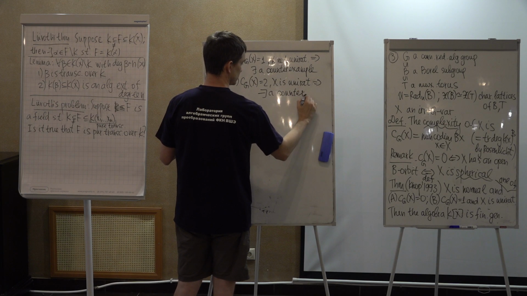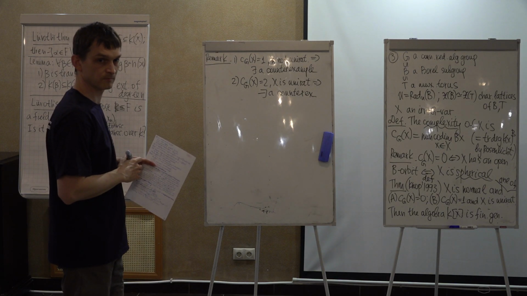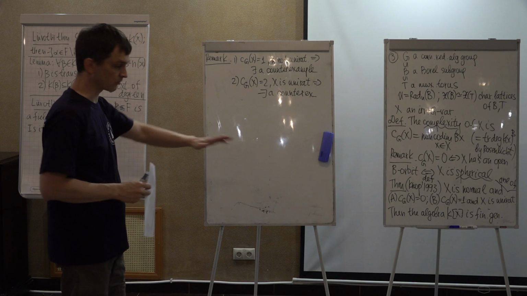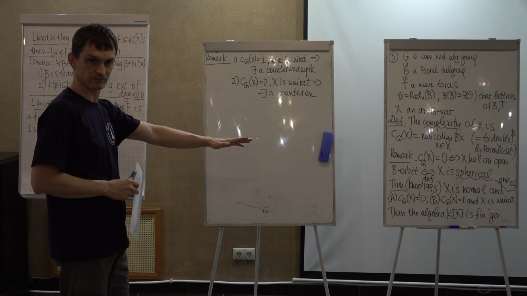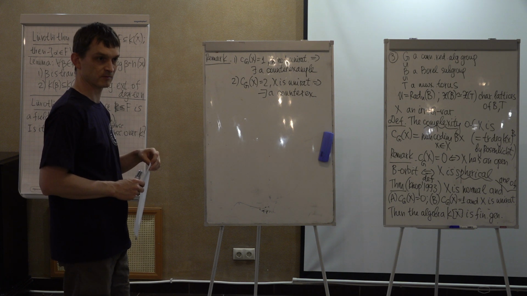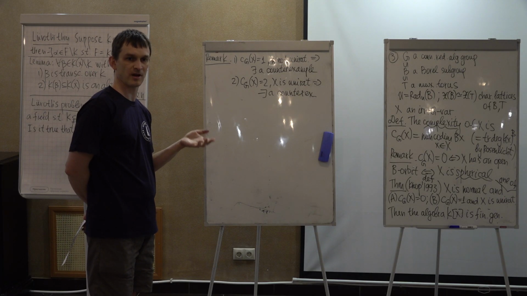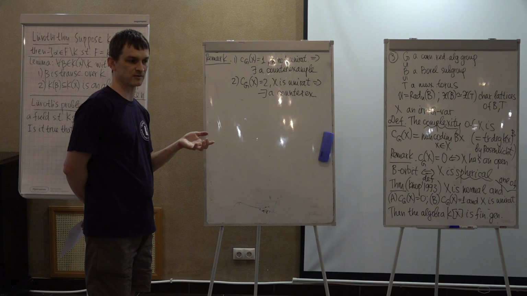I mean the algebra of regular functions on this variety, k[X] itself. There are varieties whose algebra of regular functions is not finitely generated. If you take an arbitrary irreducible algebraic variety, you cannot claim that its algebra is finitely generated.